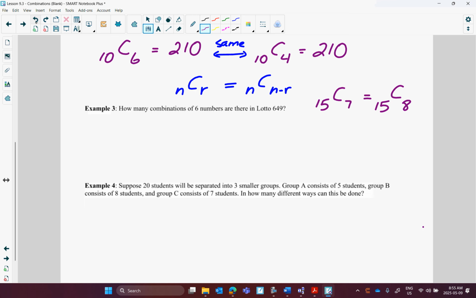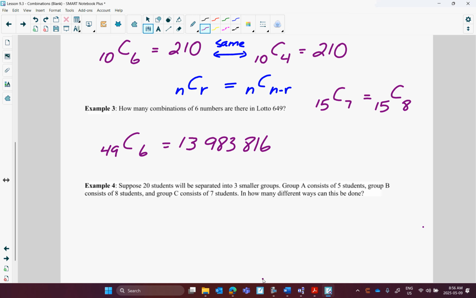Well, in order to find the probability, we have to find how many possible ways there are to win. How many possible ways can we choose 6 numbers from 49? And you're going to find it's a pretty big number. 13,983,816.